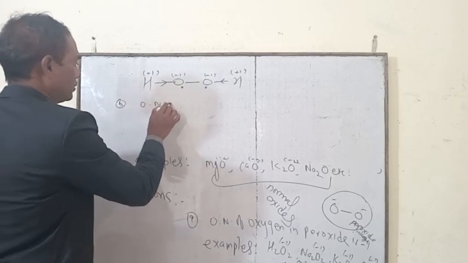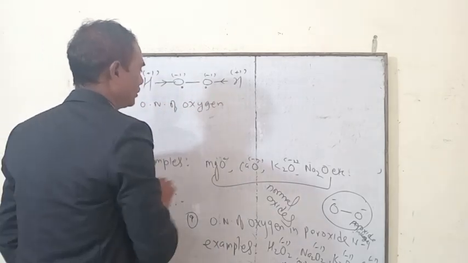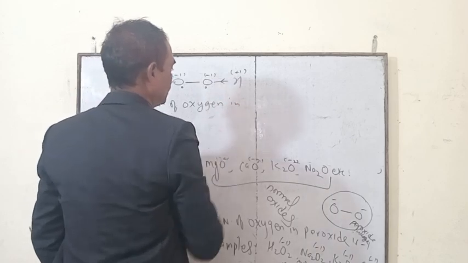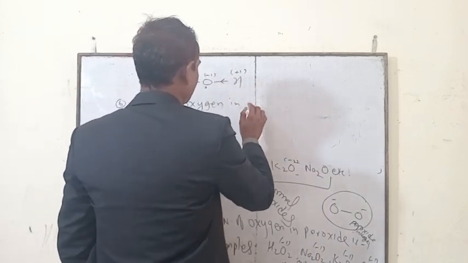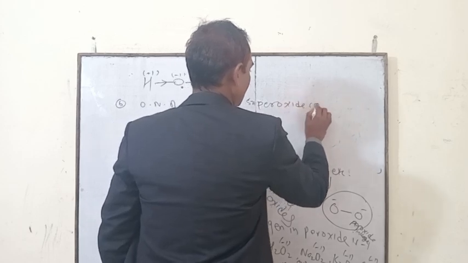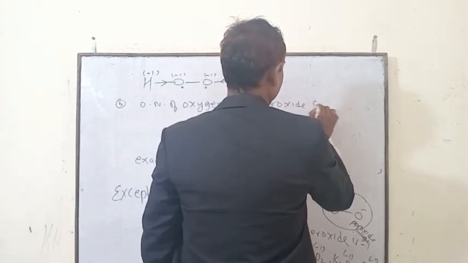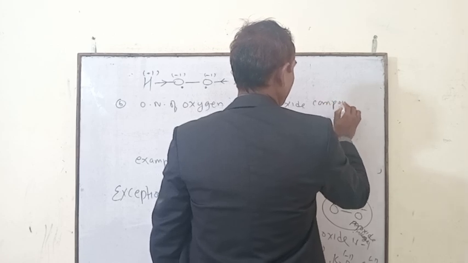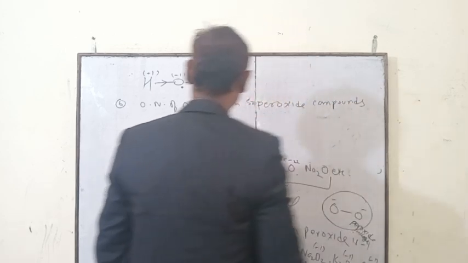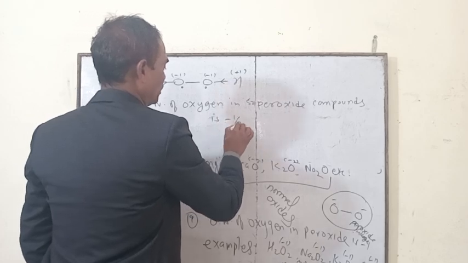Oxidation number of oxygen in superoxide compounds is -1/2.